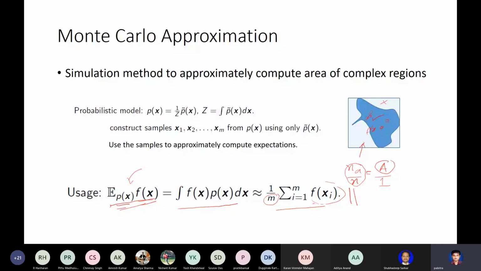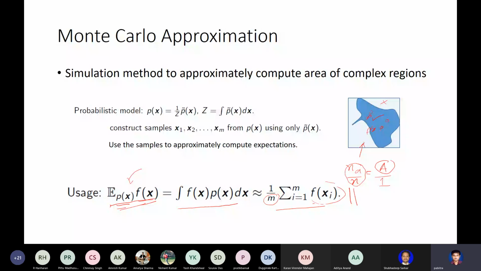Okay, so earlier I said that I want to reconstruct that distribution, but it can actually be shown that if you can find the expectation of any function with respect to that distribution, you actually know everything about the distribution. If you replace f(x) by just x, you get the mean of the distribution.